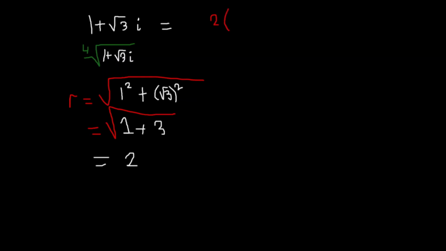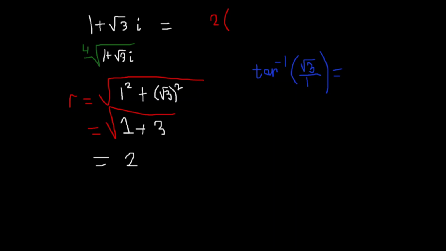Now we need to find the angle theta. So we know to find theta, we find arctangent of b over a, which in this case is radical 3 over 1.